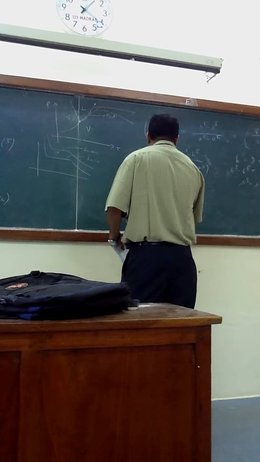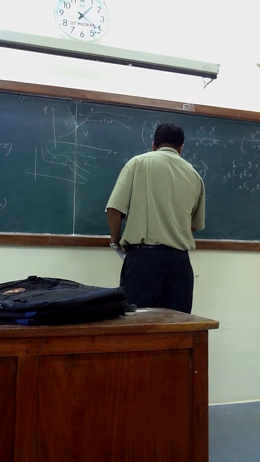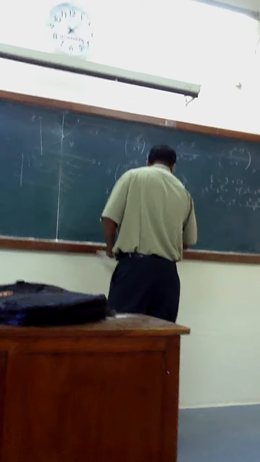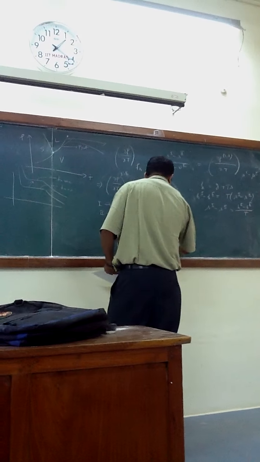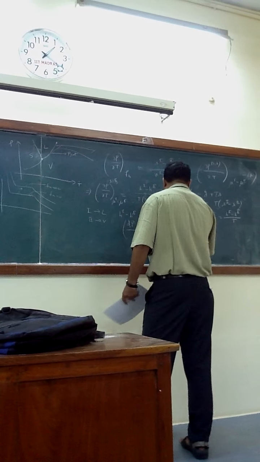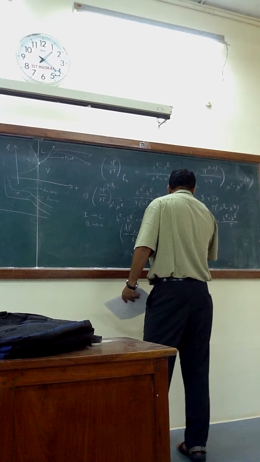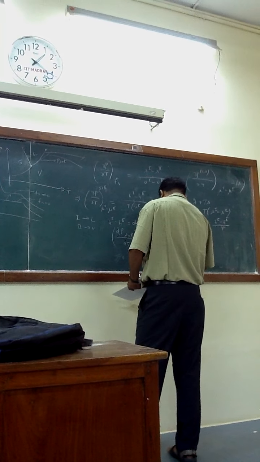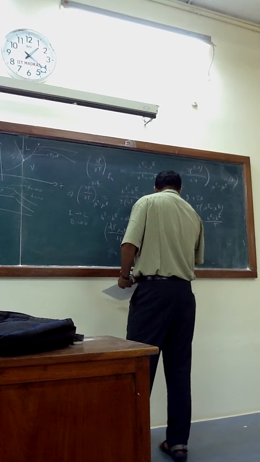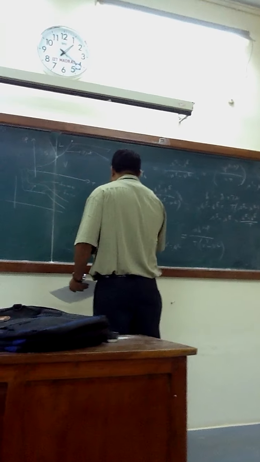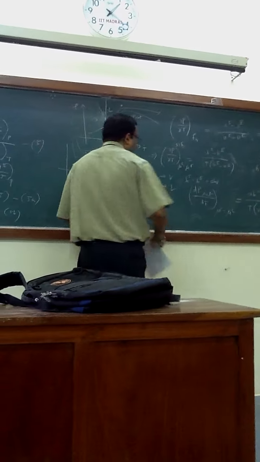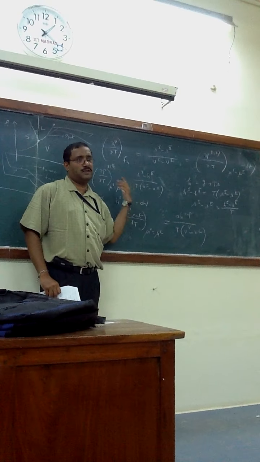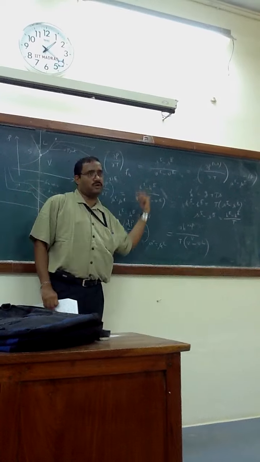So you can write dP sat by dT at equilibrium mu V equals mu L, which is delta H vapor divided by T into V minus VL. This one has to be V, because otherwise it is a negative quantity, and then you would have to talk about negative heat of vaporization.